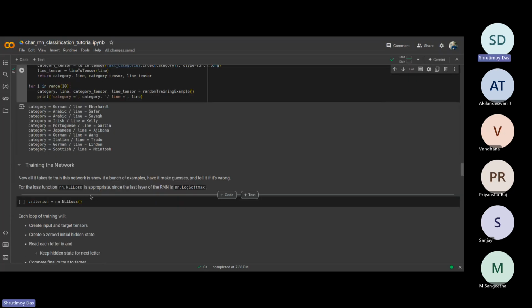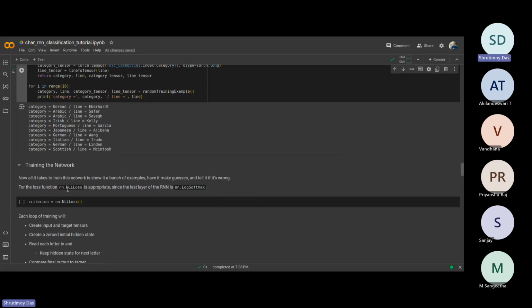Before training the network, we need to look at what loss function we want. Since we are using a logarithm of the softmax function, this is the loss. If you do not know this, don't worry. With practice, you will know which loss function to use with which activation.